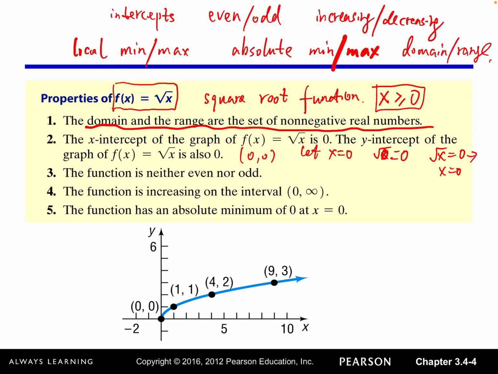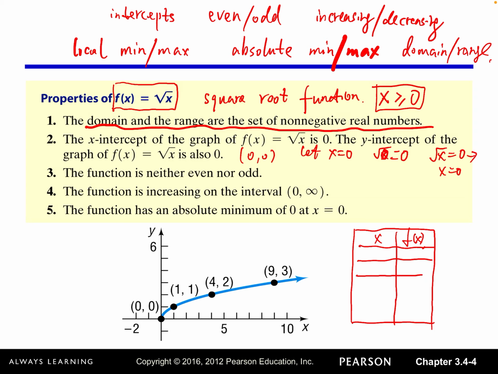All right. And then we can make a data table. So we can plot some of the points, x and then f of x, which is square root of x. So pick some points, like 0, square root of 0 is 0.